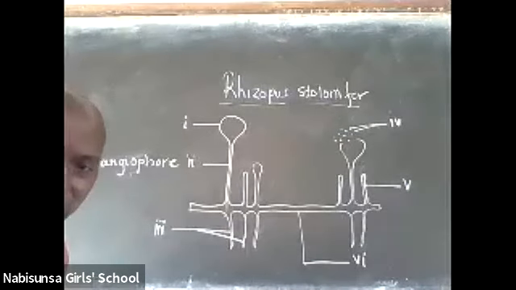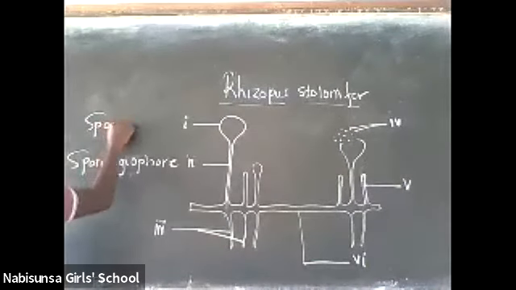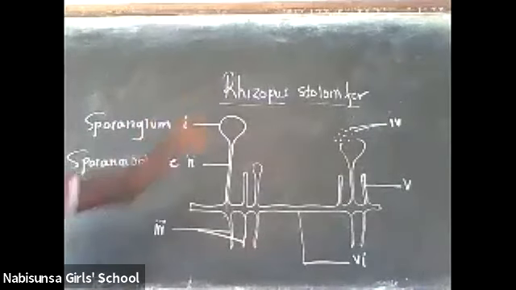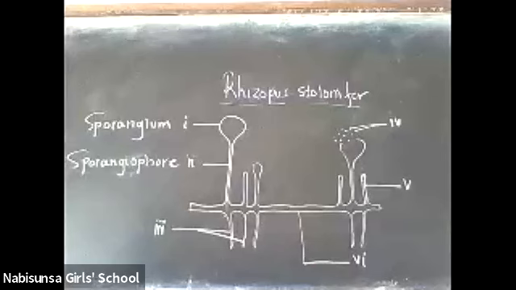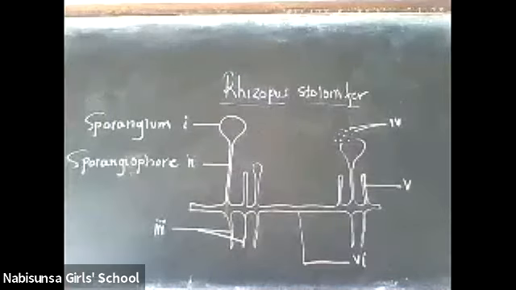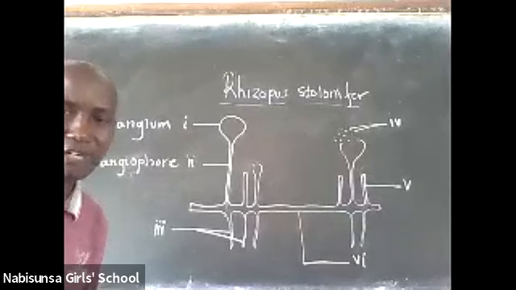Ashley says Roman 1 is the Sporangium, and she's right. 1 is the Sporangium. I hope the letters are big enough for you to read from where you are. Okay, Ambeja is not responding. Let us have Kalema. Yes, Kalema.